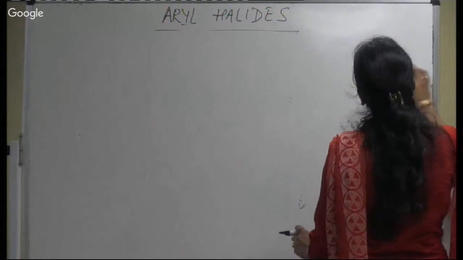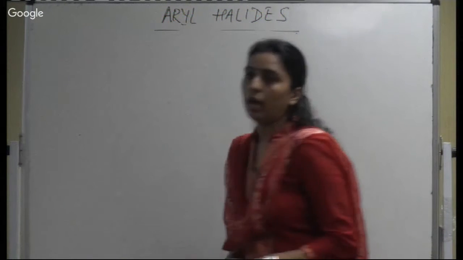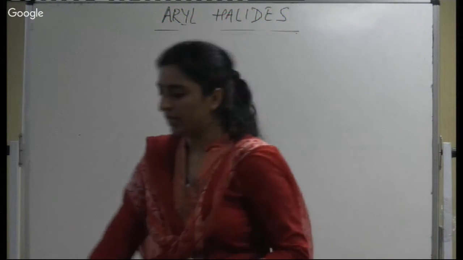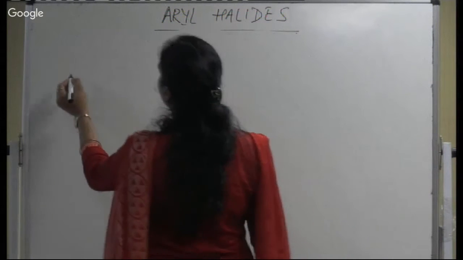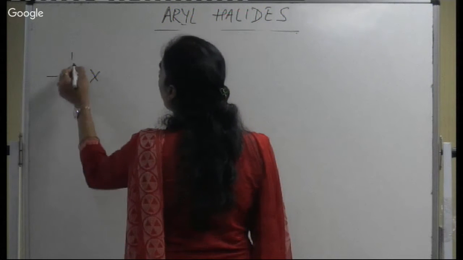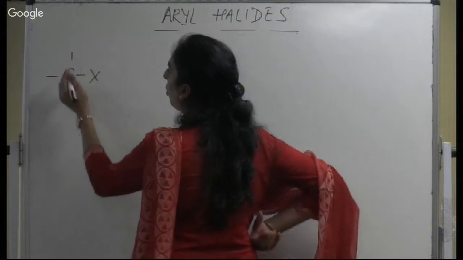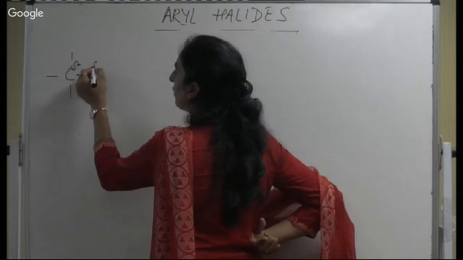The properties of organic halides, halogen containing compounds, basically depend upon the C-X bond. It is this bond which makes the compound reactive. Basically, the bond is polar. There is a small positive and negative charge.